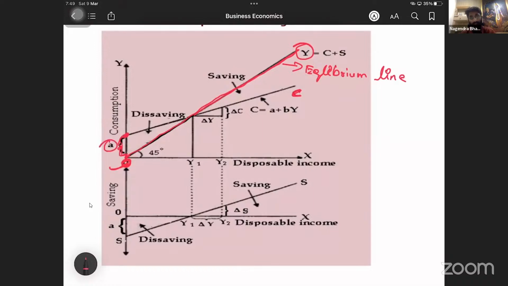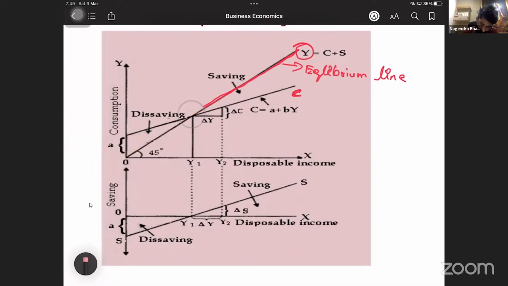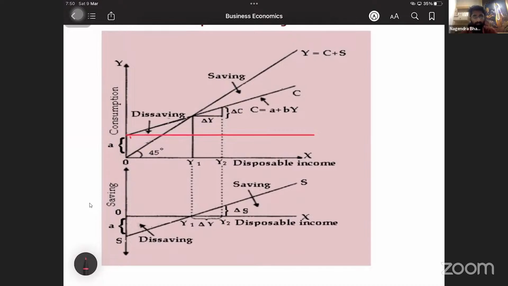This is A. This is the constant line, which is A.